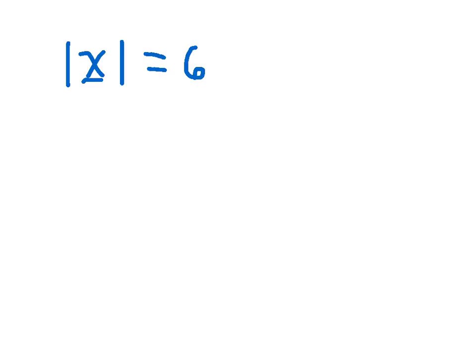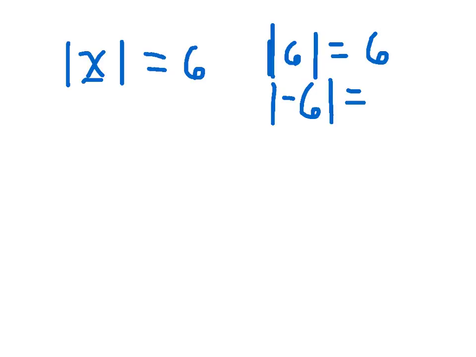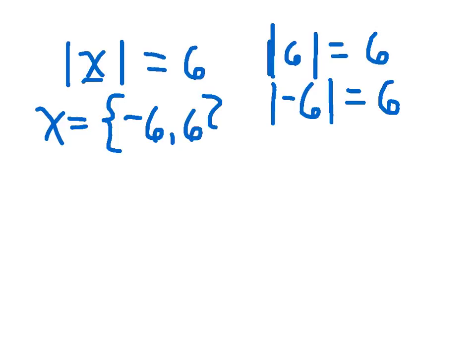Clearly, I know that the absolute value of 6 is equal to 6. But there's also another answer, because the absolute value of -6 is also 6. So, if the absolute value of x equals 6, I actually have two solutions, because there are two things that I can plug in to make the equation true. X is equal to -6 or +6.